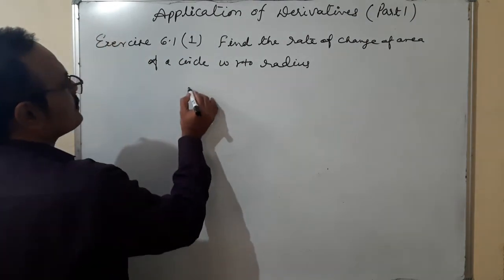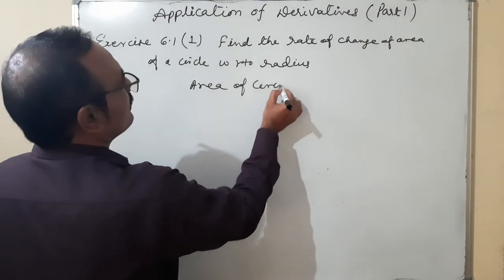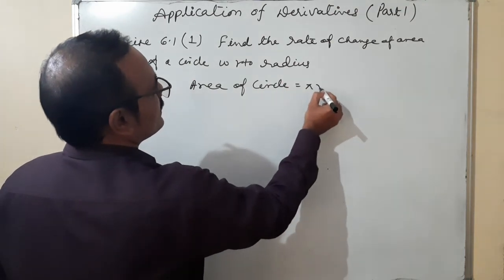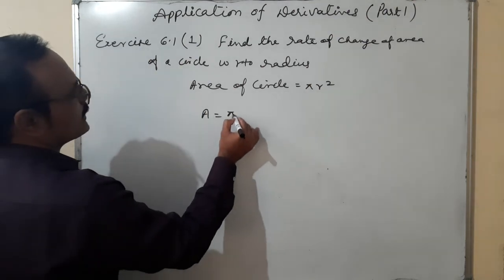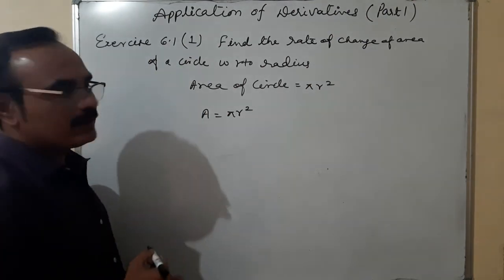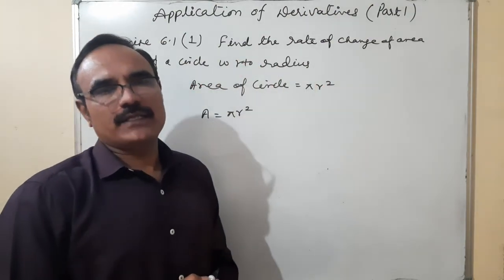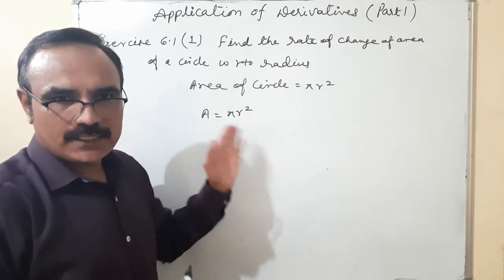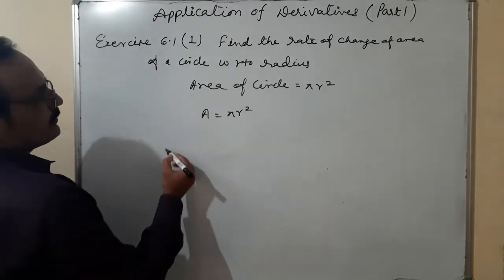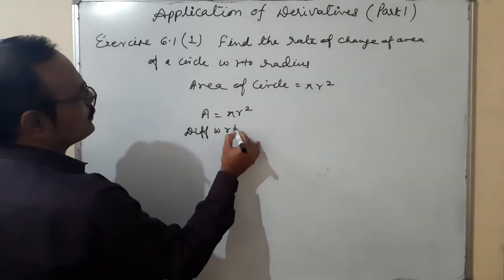First I am writing the area of the circle is equal to pi r square, where r is the radius. So A is equal to pi r square. The condition is to find the rate of change of area with respect to radius. That means we have to differentiate with respect to r. Changing area with respect to radius, so differentiate with respect to radius.